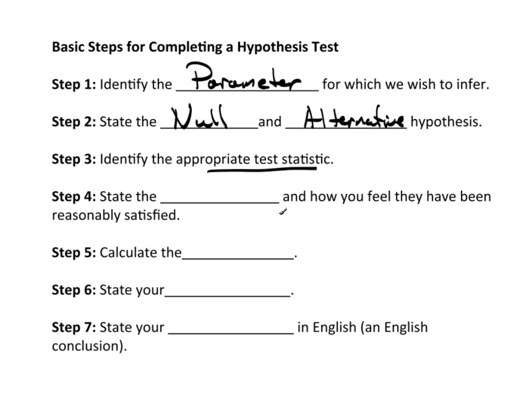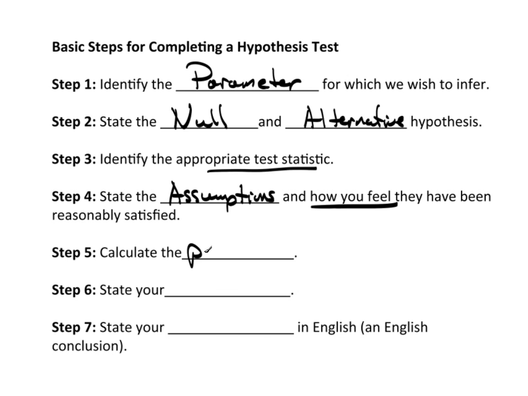Now remember, we talked earlier about the difference between Z and T, and that will apply here. We want to state the assumptions and how you know that they're reasonably satisfied. How did you satisfy them? You can't just simply state what's needed. You have to tie in what's needed with your scenario to show that the assumptions are reasonably satisfied.